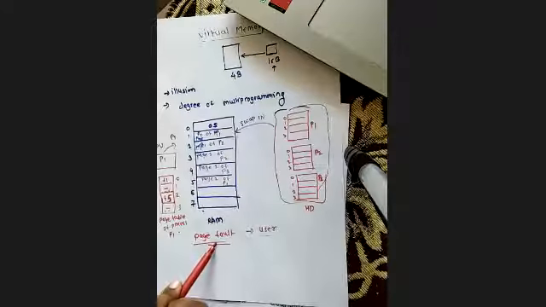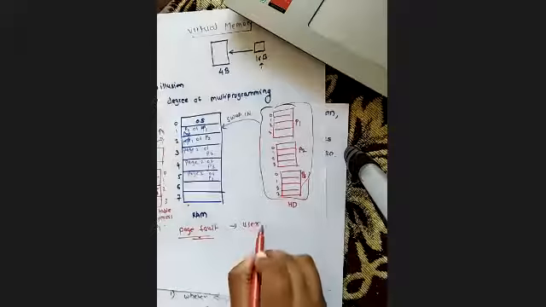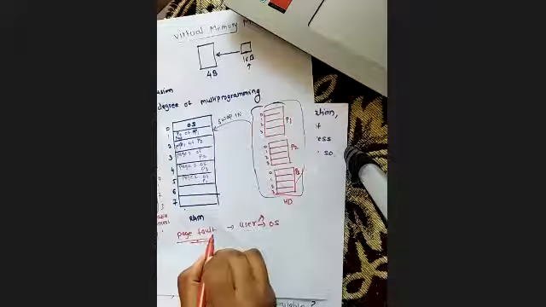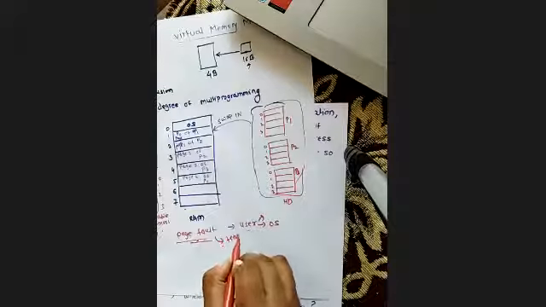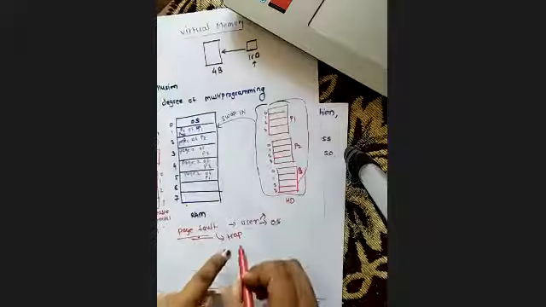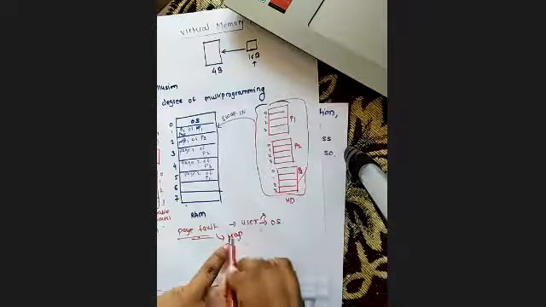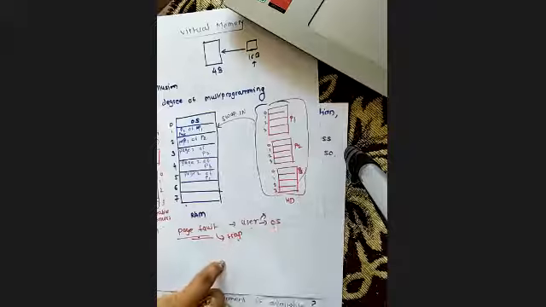The time when the page fault will occur, the control of the system will be passed to the OS, and वहां पे क्या occur हो जाता है, जब page fault होता है, then it is called as the trap. वहां पे एक trap होगा which will send the control of your system to the operating system. User level से अब क्या हो गया, operating system की तरफ उसका control आ गया.